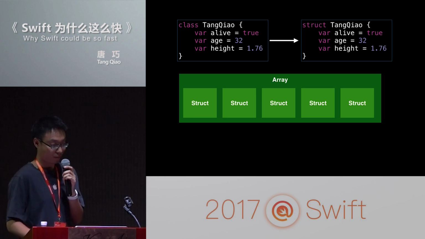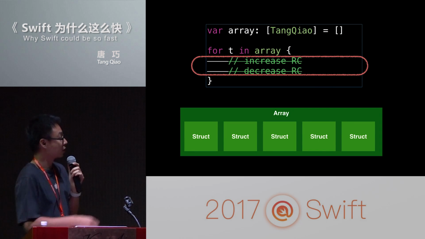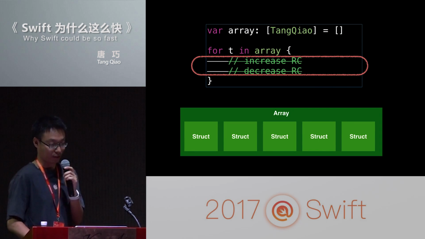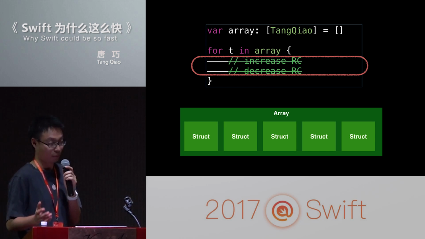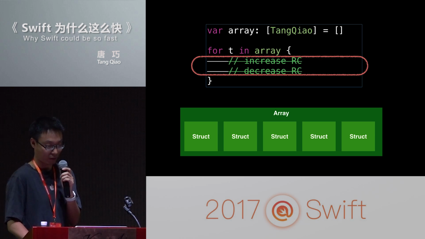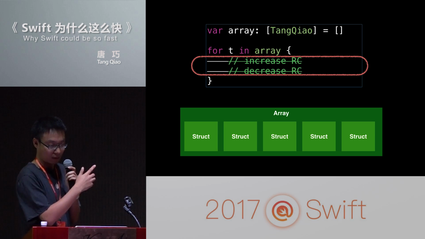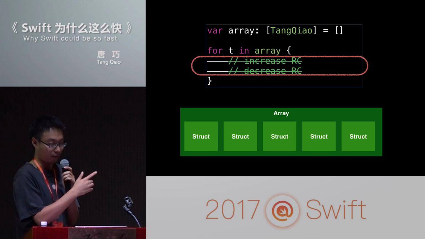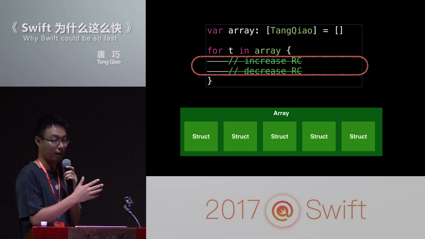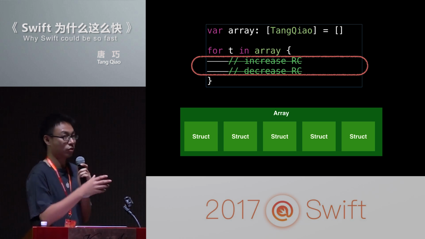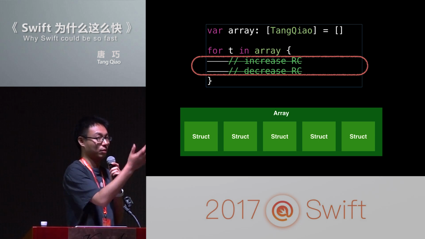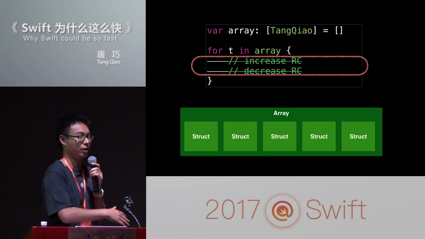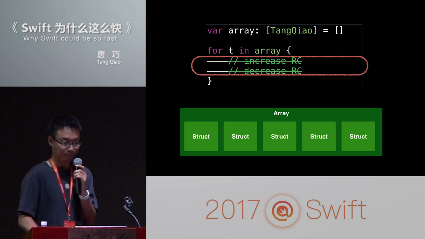There is no heap memory anymore, and the reference count code will be deleted because struct doesn't need any reference count. So this is one important reason why Swift is faster than Objective-C: in your code, some reference count code is deleted, and the memory allocating and deallocating is very fast.